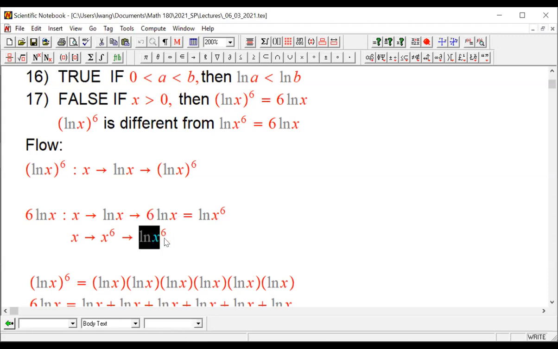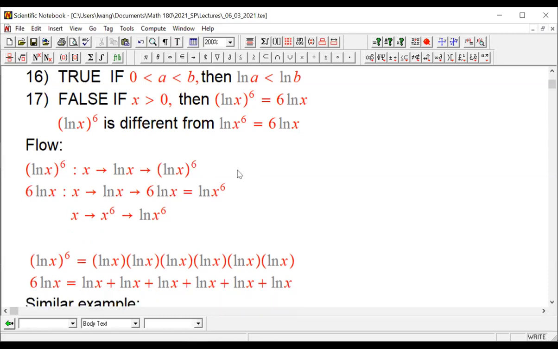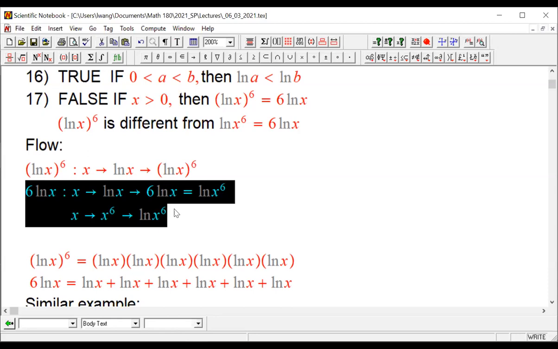These two are the same. You multiply 6 times versus you do this. These two are the same. But not the same with this guy. You guys follow me? Right? So this is true. Okay, so these two you can do any way you want.